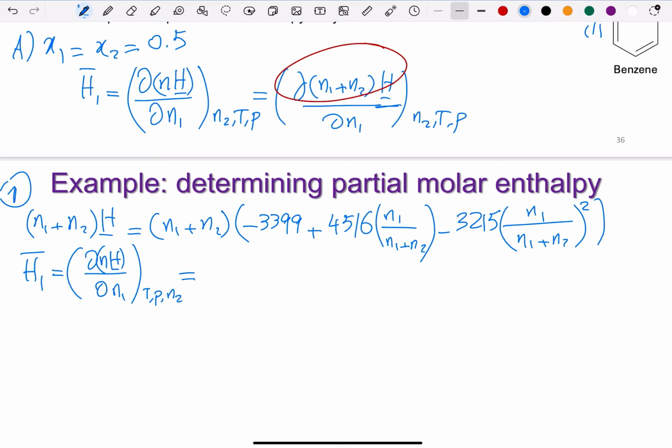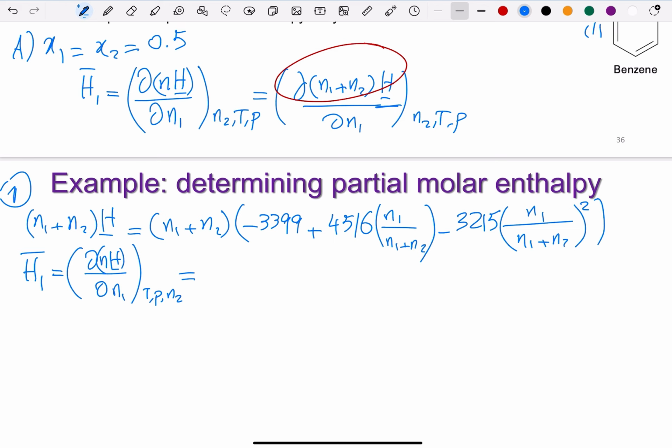Now you tell me what would be the derivative of that. What we are calculating here is the derivative of that expression with respect to n1.